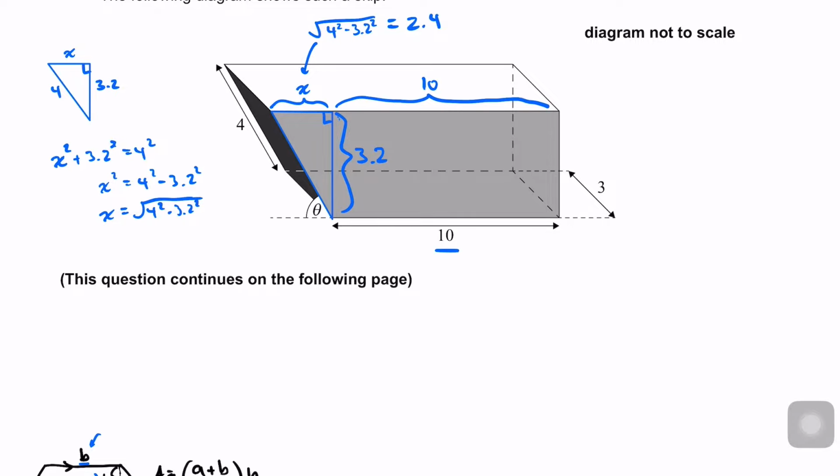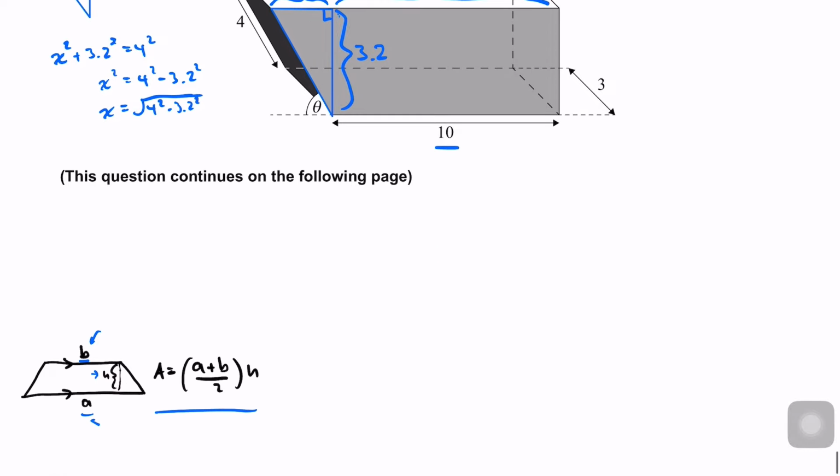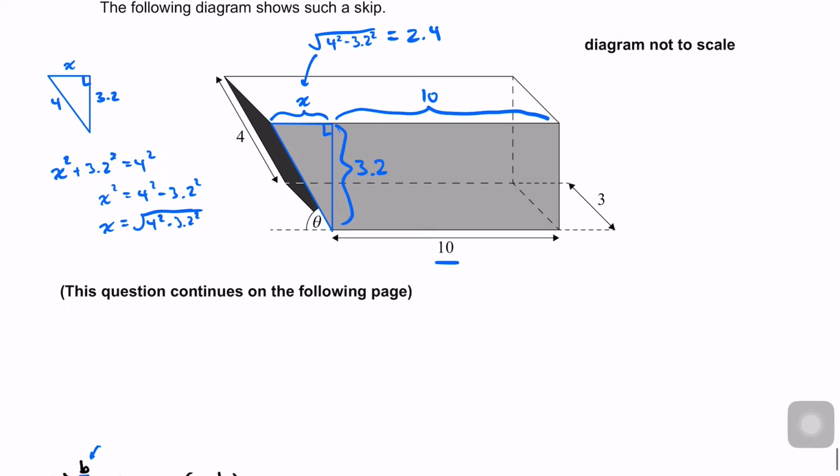So once again, drawing on this idea of area of a trapezoid, bottom plus top divided by 2 multiplied by height, let's go ahead and find the area of the trapezoid.